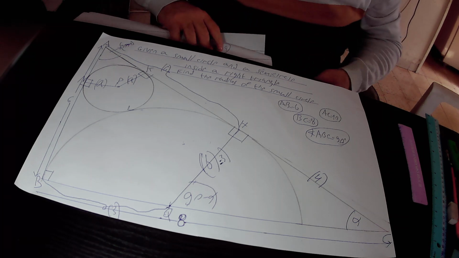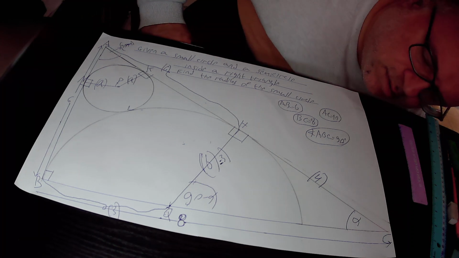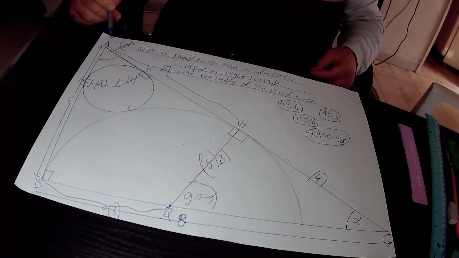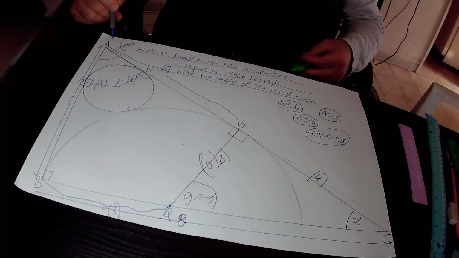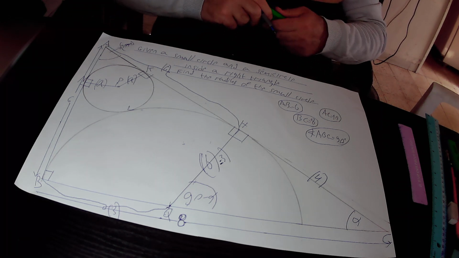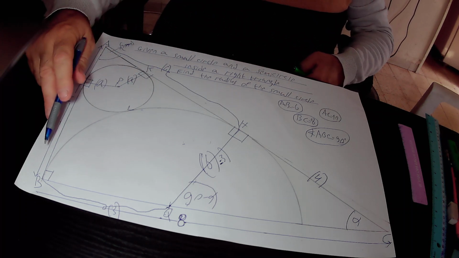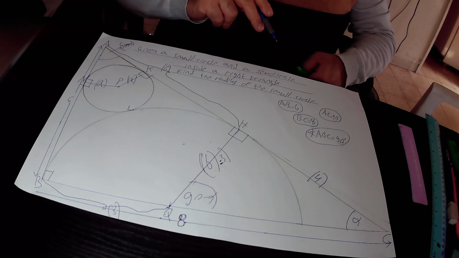We will continue to focus on this common external point A. On this common external point A, we have two tangents to this big semicircle, tangent AB and tangent AH.